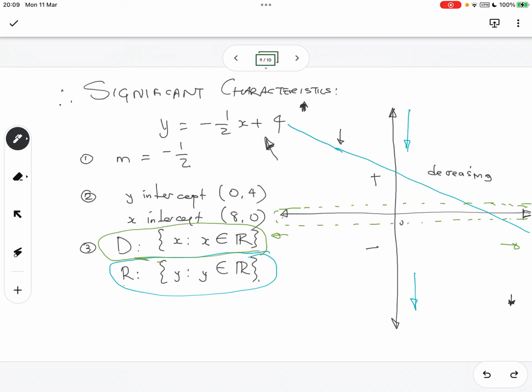R means real number. This symbol means element. This R denotes real number. These are just curly brackets, the ones that look like this. And this sign here, we say such that.